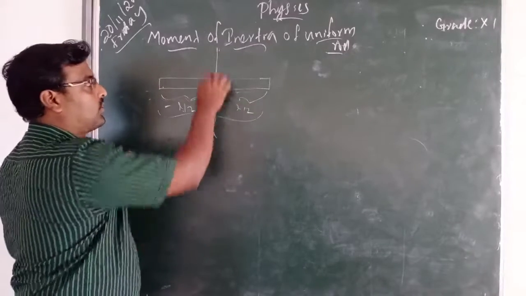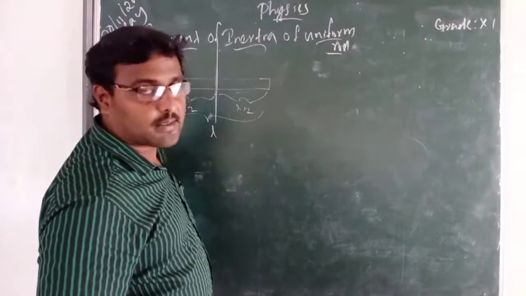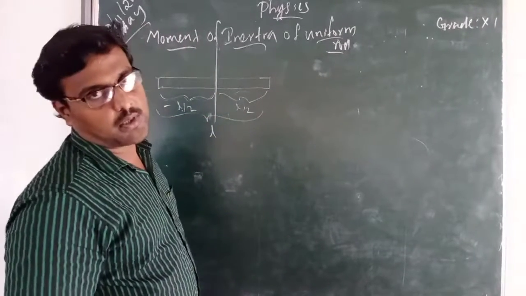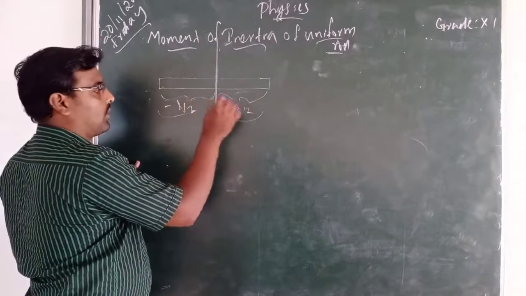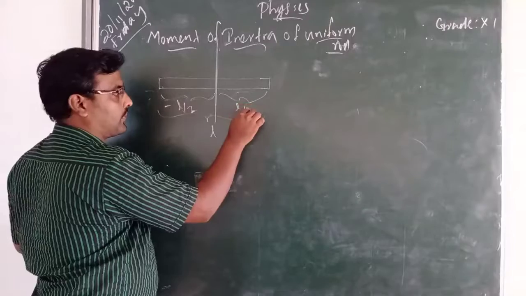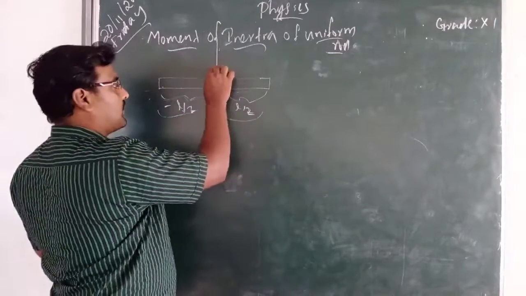This side is minus L by 2, because when we take the coordinate system, this is the negative x-axis and this is the positive x-axis. So minus L by 2 to plus L by 2, and this is the origin.